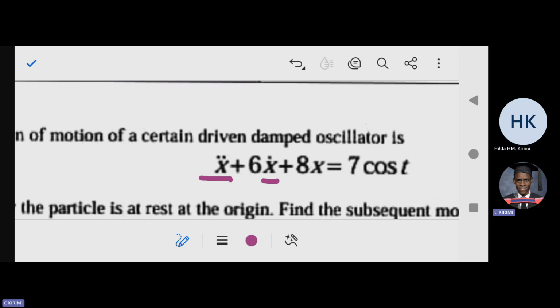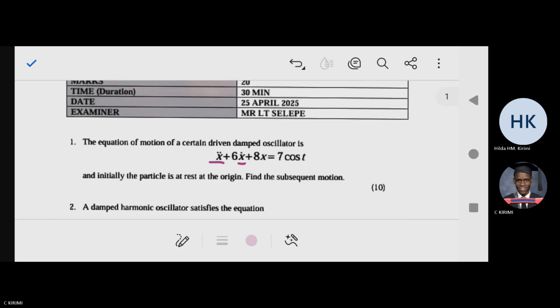The velocity, yes. So basically what you are supposed to be knowing, you must know the conditions for critical damping, under damping, etc. And when it's damped, what are the conditions? So I will show you when you are doing the calculations.